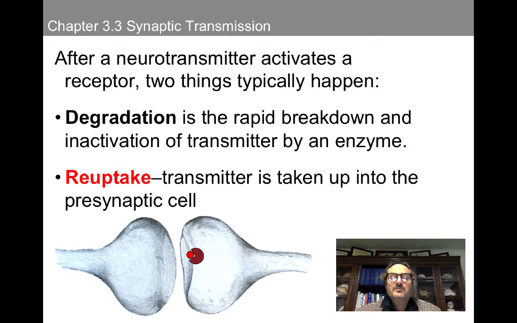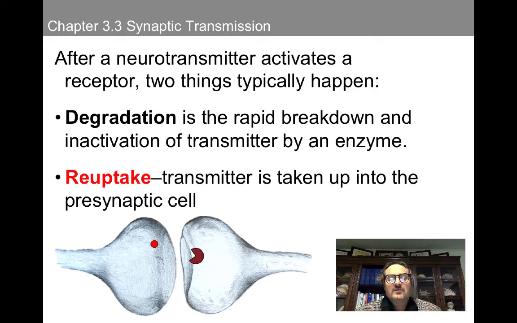In the case of reuptake, after the neurotransmitter hits the receptor, it returns, where it will take a break in the presynaptic neuron. There's actually a protein in the cellular membrane. For example, for serotonin, there's a protein in the presynaptic membrane called SERT, or serotonin reuptake transporter, and it transports the serotonin back up into the presynaptic terminal where it has a break.